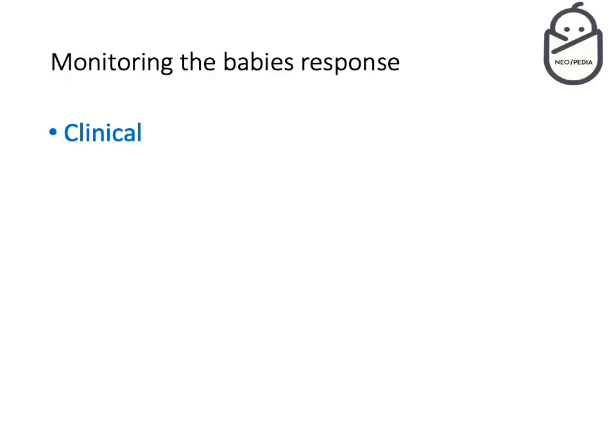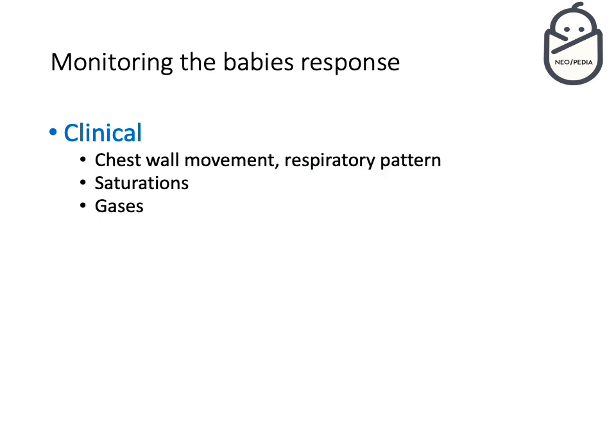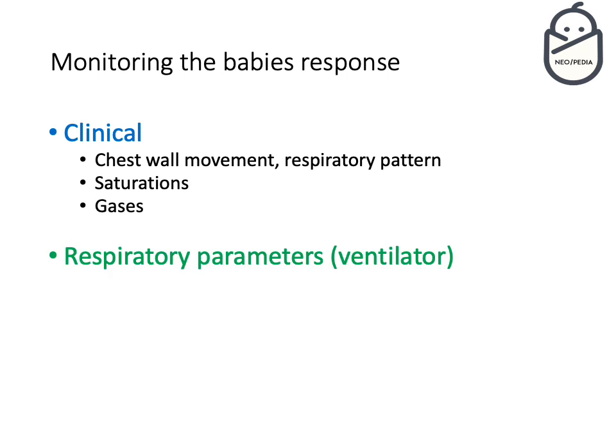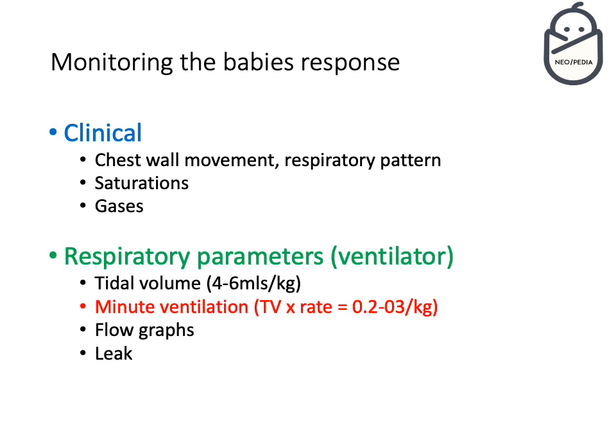Monitoring the baby's response to the mechanical ventilation, as we said previously, is through the chest wall movement, respiratory patterns, saturations, and gases, and also the respiratory parameters. And this is the whole purpose of our lecture today. Your tidal volume, as we said at the beginning of this lecture, should be between 4 to 6 mL per kilogram.